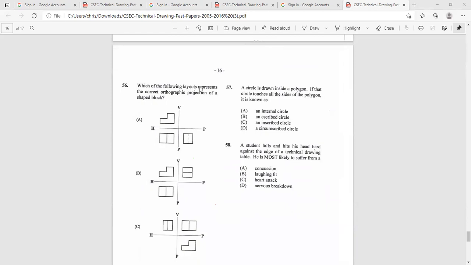Which of the following layouts represents the correct orthographic view of a shaped block? Well, for this block seems to look something like this. Here is the front.